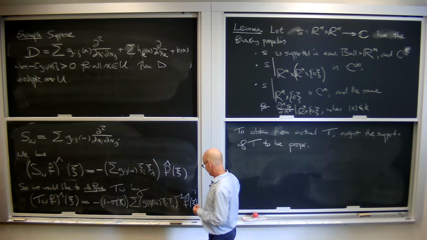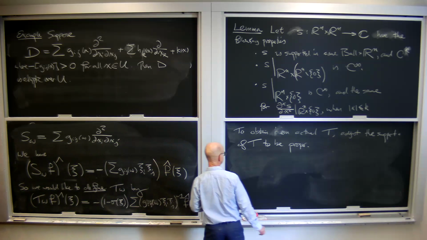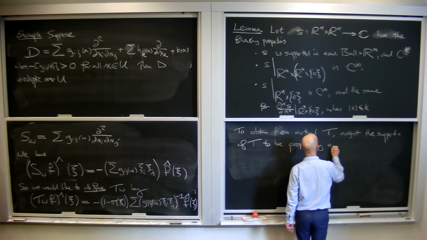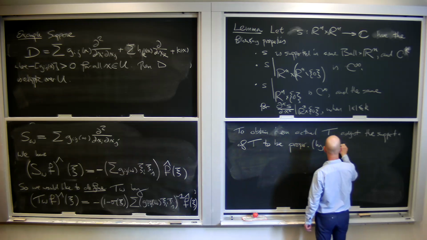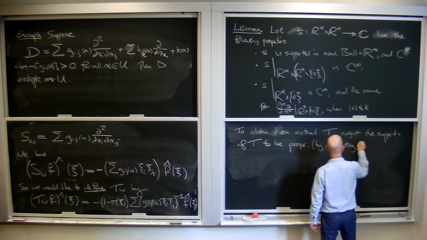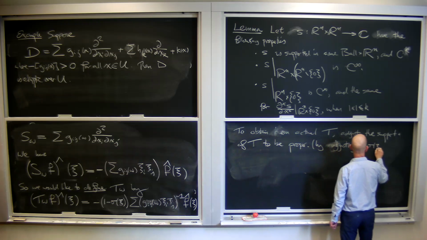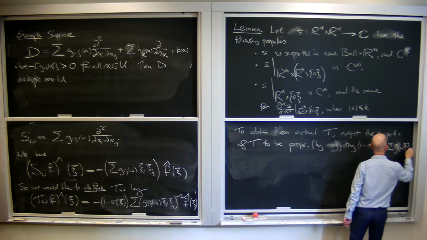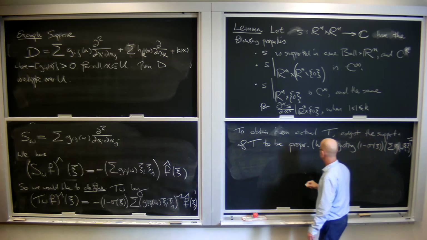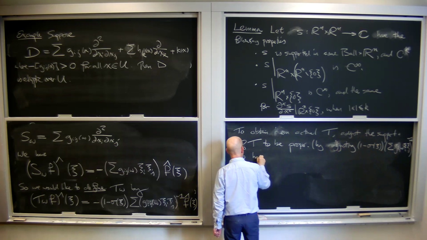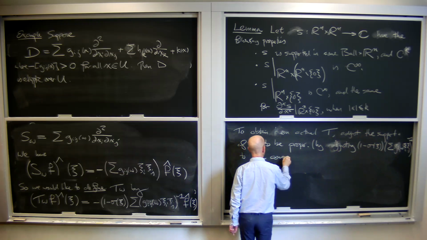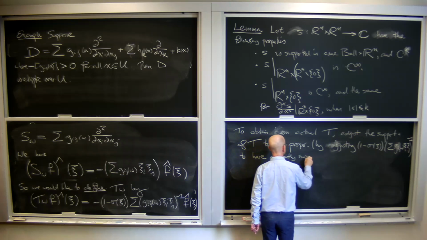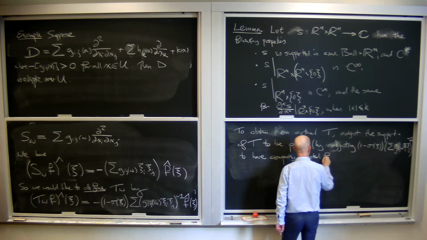And maybe I will leave that to you to think about. So all I need to do is adjust 1 minus sigma xi. This thing that we built, we just have to adjust it to have compactly supported Fourier transform.